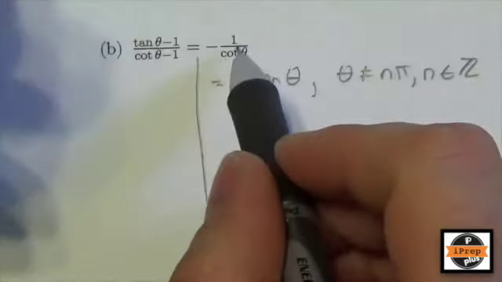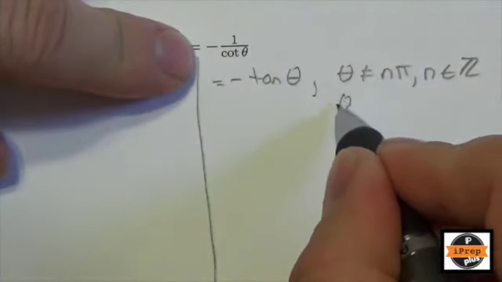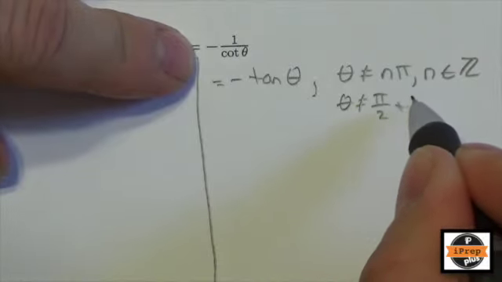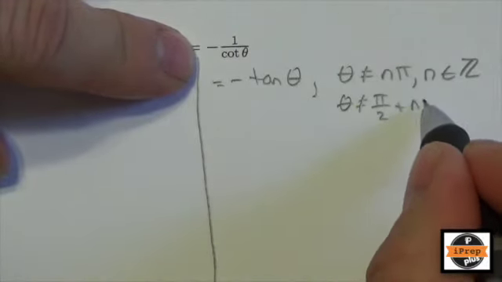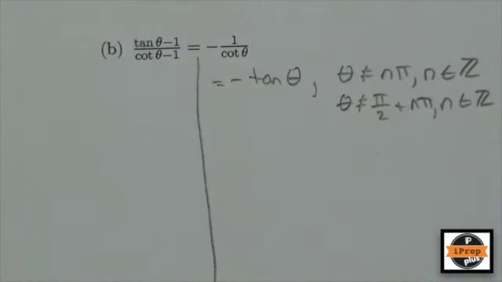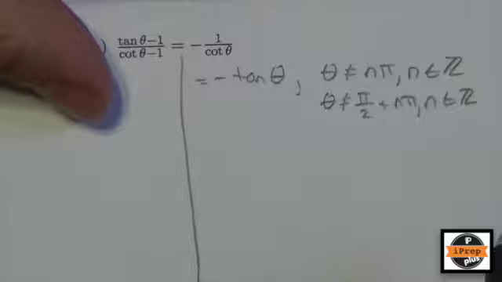Now, I might want to go one step further here and identify, at the same time, I've gotten rid of the cotangent. Where did the cotangent go to 0? Well, cotangent goes to 0 at pi over 2 plus multiples of pi. So, got a couple things going on here. First of all, cotangent is undefined. I've gotten rid of the cotangent. I'm no longer writing it. It was undefined at multiples of pi.